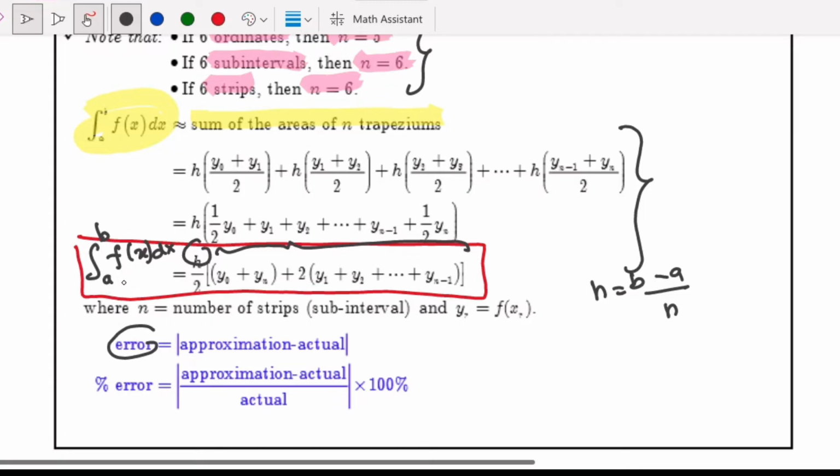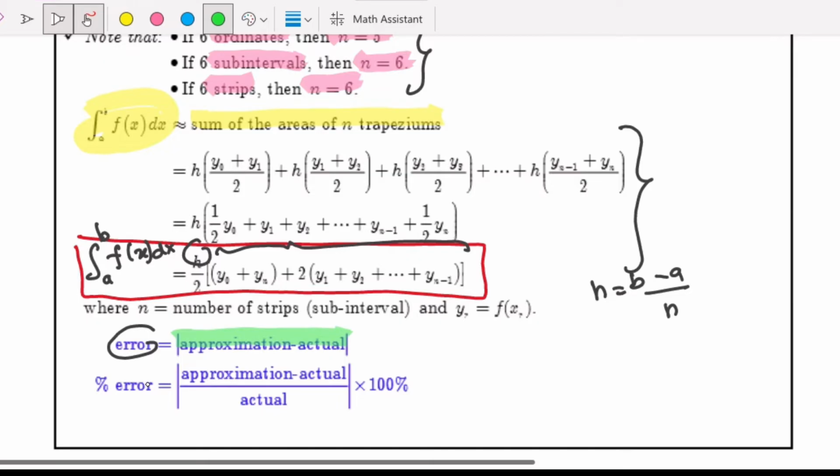The question might ask you, what is the error between the approximate value and the actual value? You can use this formula to find the error: approximation value minus the actual value, put in the modulus. So you're going to get a positive value.